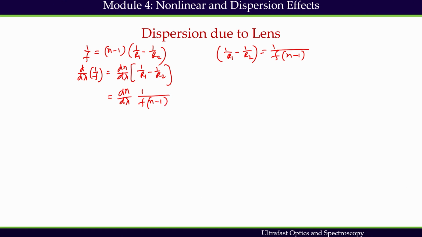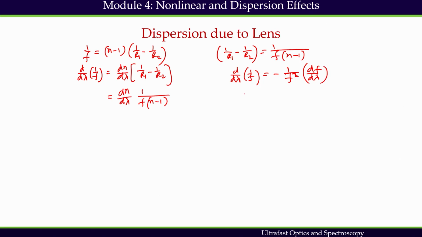Now the left-hand side can be written as d/d lambda of 1/f. This can be rewritten as minus 1/f squared times df/d lambda. This is the simple derivative.